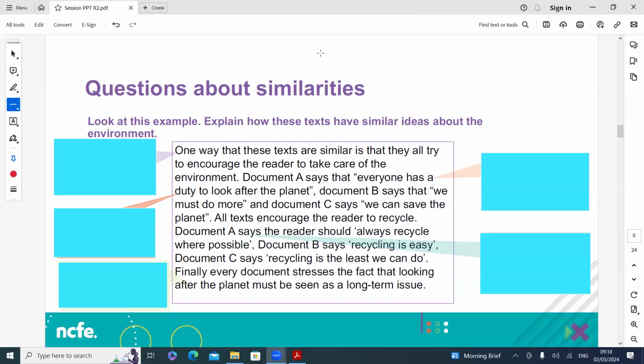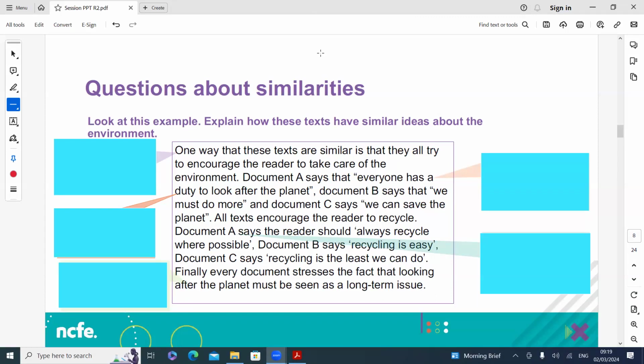Okay. So the question in the assessment was, explain how these texts have similar ideas about the environment. So what have they done? What can you tell me about the answer? How have they answered that question? What have they included in their answer?